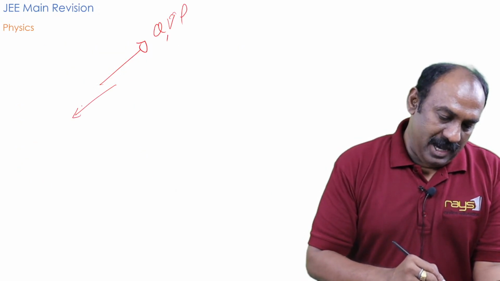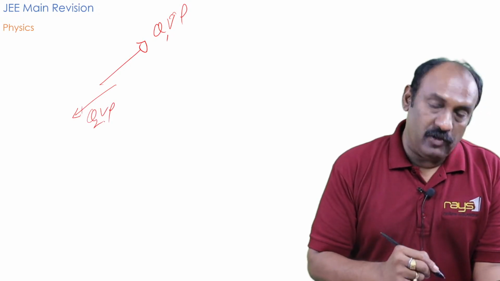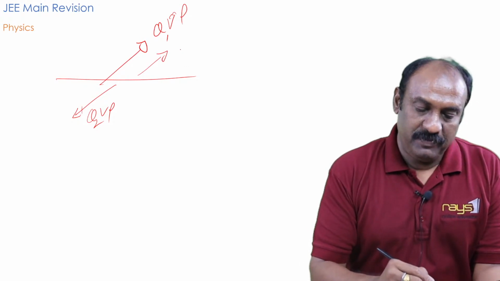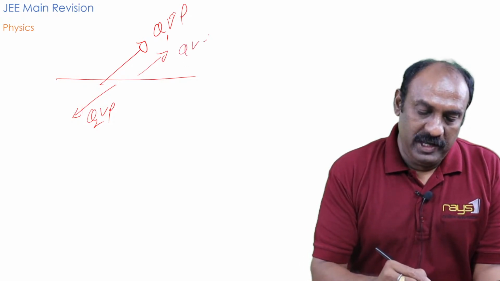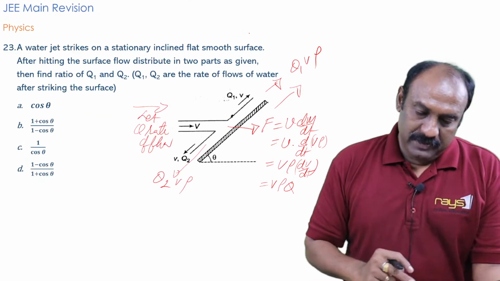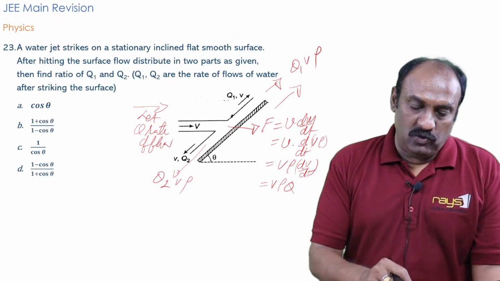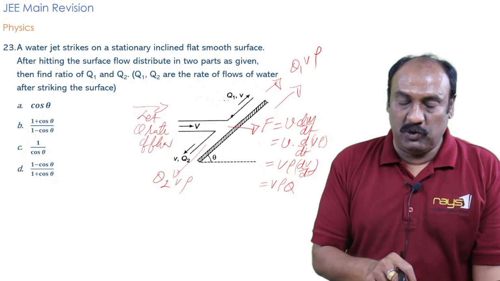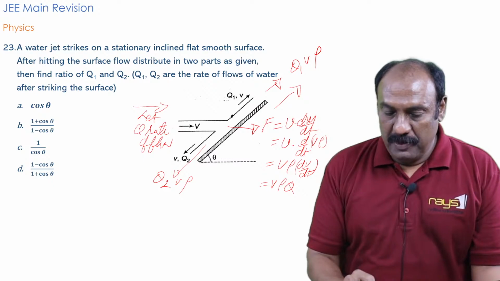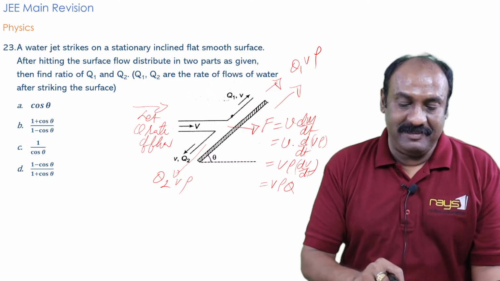In the downward direction it is Q2 into V rho. But here on the inclined plane, the component of this force is Q V rho, this angle is given as theta, cos theta. The difference of these two forces of the two parts of the jet striking the smooth inclined plane is balanced by the component of the force at which it strikes in this direction.